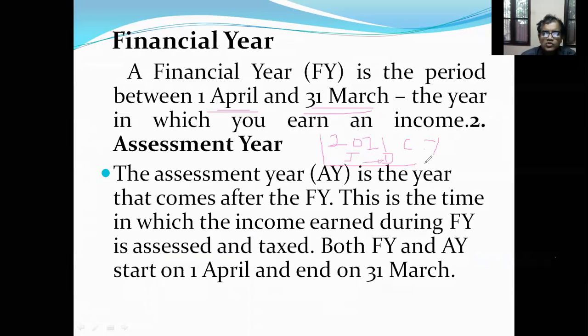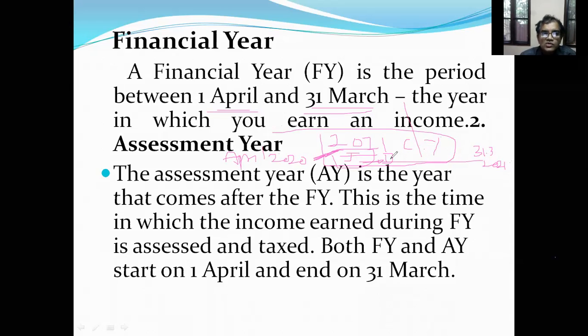Now coming to what is financial year. We are in January of 2021. So it corresponds to April 1st 2020 to March 31st 2021. This financial year is going to be there for the January 2021 month.